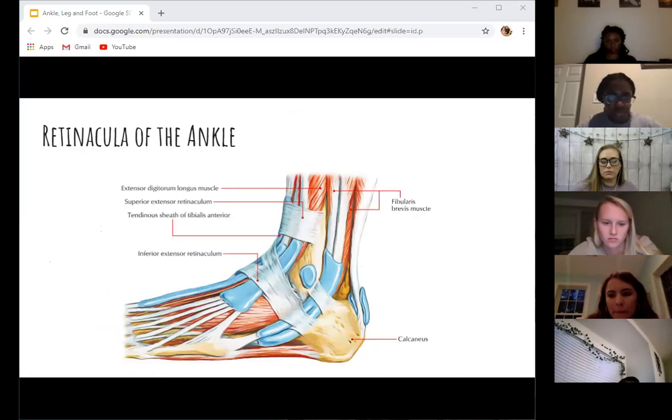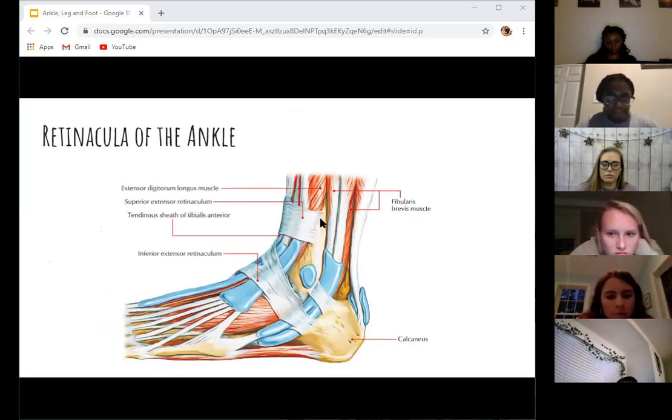Similarly to the wrist, where you think about the retinacula there, you also have retinacula at your ankle. And this picture is showing there's 2 different ones.